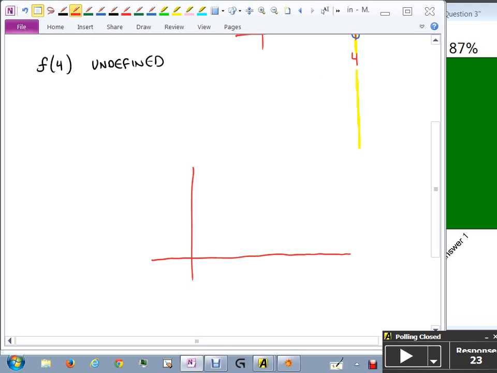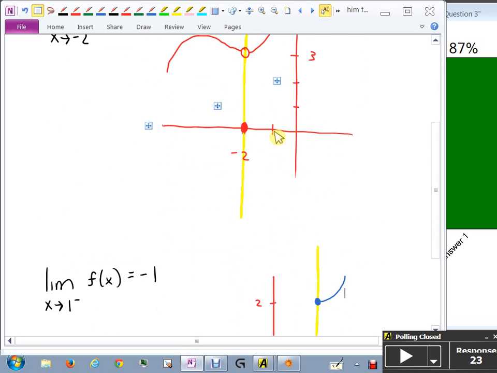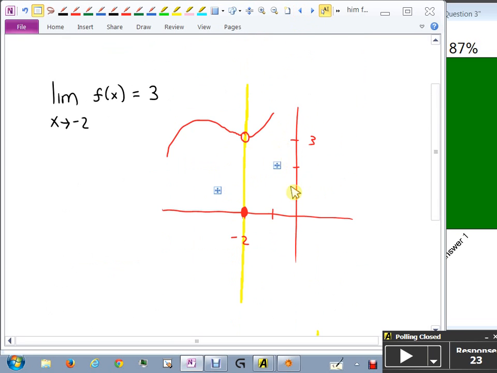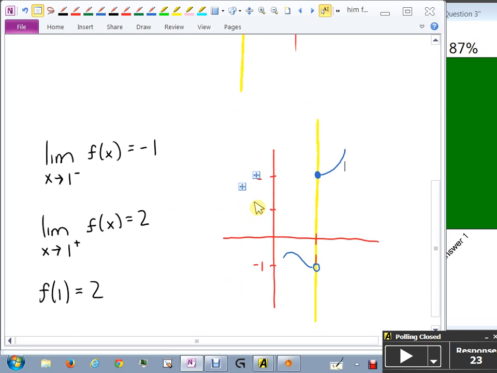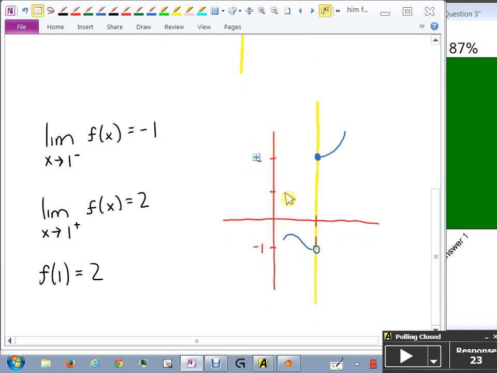The first piece of information we had was this picture right here, right? That's what's happening at -2. Then you have what's happening at 1, right? And then you have what's happening at 4.